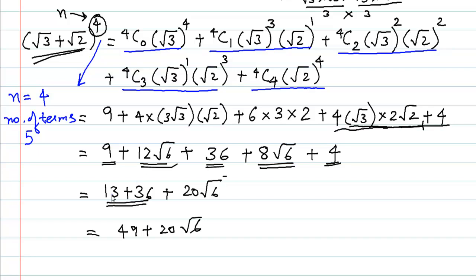However, we simplified the 5 terms and we got the final answer as again a sort of binomial, 49 plus 20 root 6, but originally the number of terms were 5. So if the index of the binomial expansion is n, we'll end up with n plus 1 number of terms. Hope you understand this, and we'll catch you in the next video.